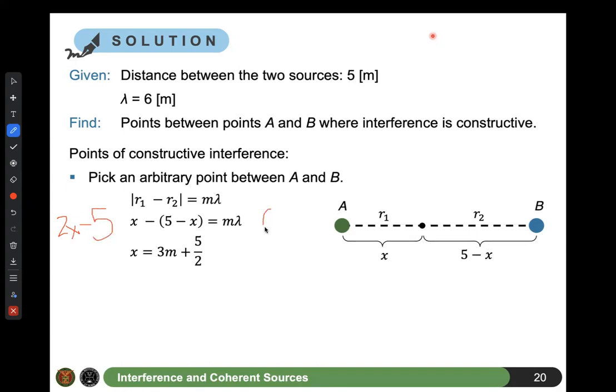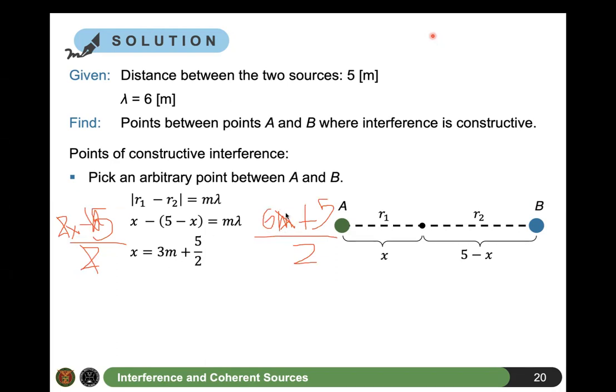Yung right-hand side is 6m. So, ilipat natin yung minus 5 sa kabila, magiging plus 5. And then, meron tayong 2, so divide natin siya ng 2. So, dito, x na lang yung maiiwan. Kaya, meron ka 6 over 2, which is 3m. So, 3m plus 5 over 2. And then, x na lang sa kabila.